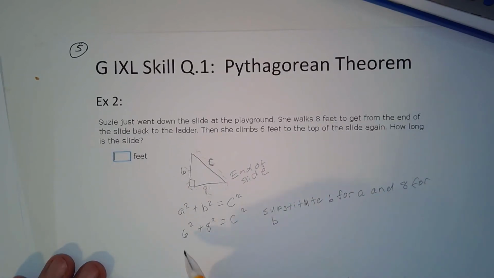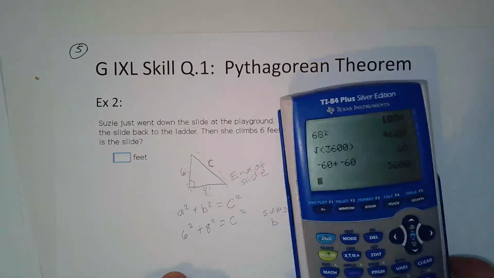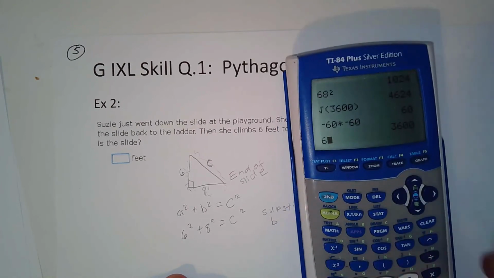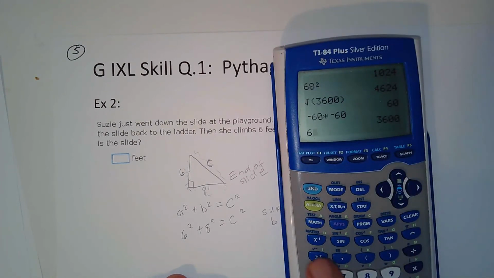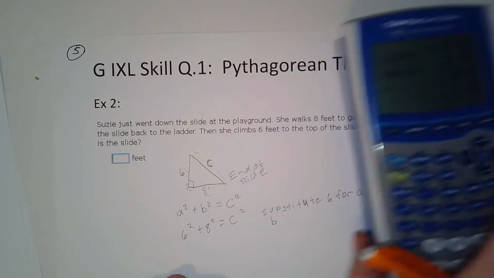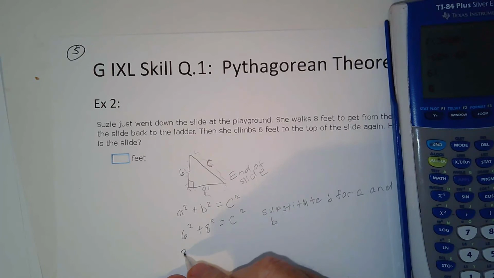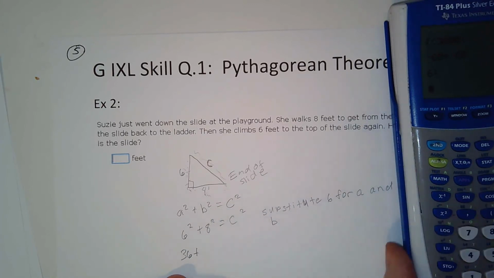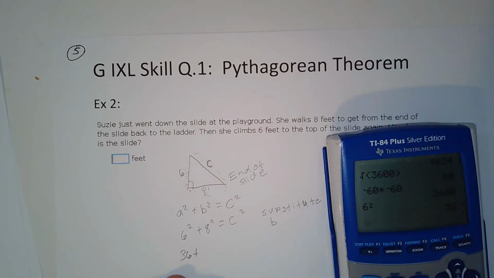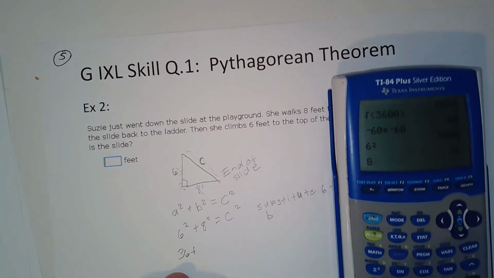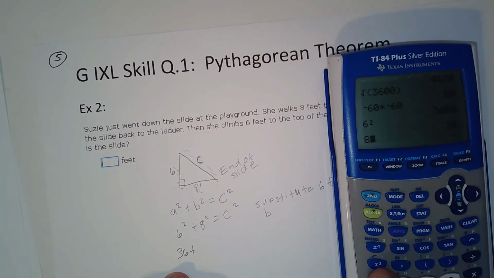So 6 squared, 6 times 6, if you aren't sure, take 6 and then go over here to this x squared button, which you can't see right at the moment. There it is, x squared. So I'm going to press that, and 6 squared is 36. So this becomes 36, and then 8 squared, do the same thing, go to 8 this time, and go to the x squared button, which is right down here.